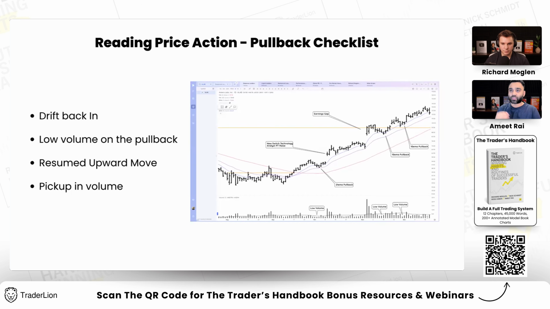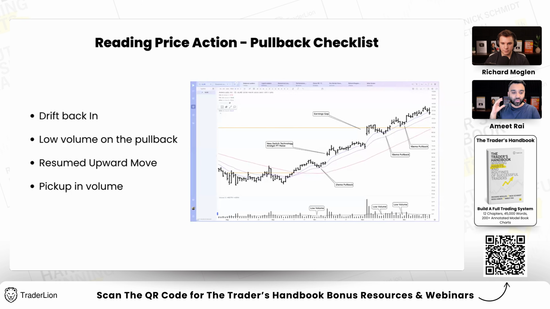I think during pullbacks, traders can tend to sell early and often instead of waiting and being patient and having a set of rules where, hey, I know that this stock is showing a characteristic, which I think we'll get into on the next slide, of a winner. And stocks that exhibit these characteristics tend to double and triple or go in massive uptrends.